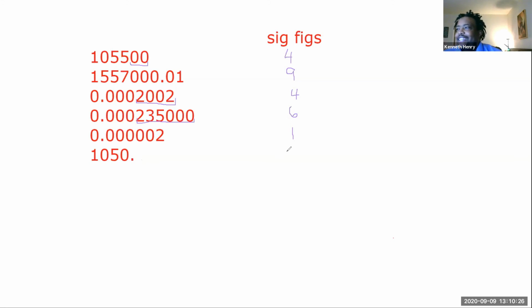Correct answer is 4. Yes. So because we put this decimal here, we're telling the person that we're sending the data to, we're saying this zero is significant. Otherwise, I wouldn't have put the decimal there. I would have just written it, and then this one would only have 3. Okay. Good.